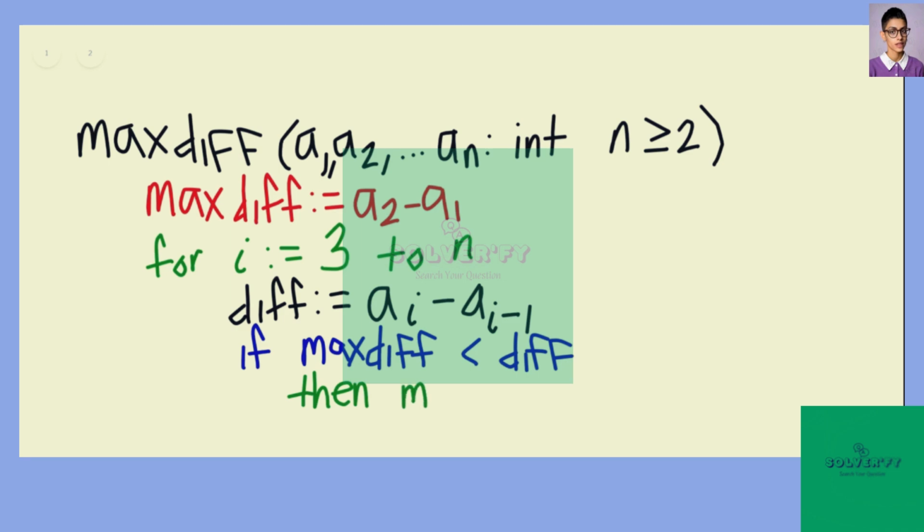So then we'll just set our max diff to this other difference we found later on in the list that was larger.